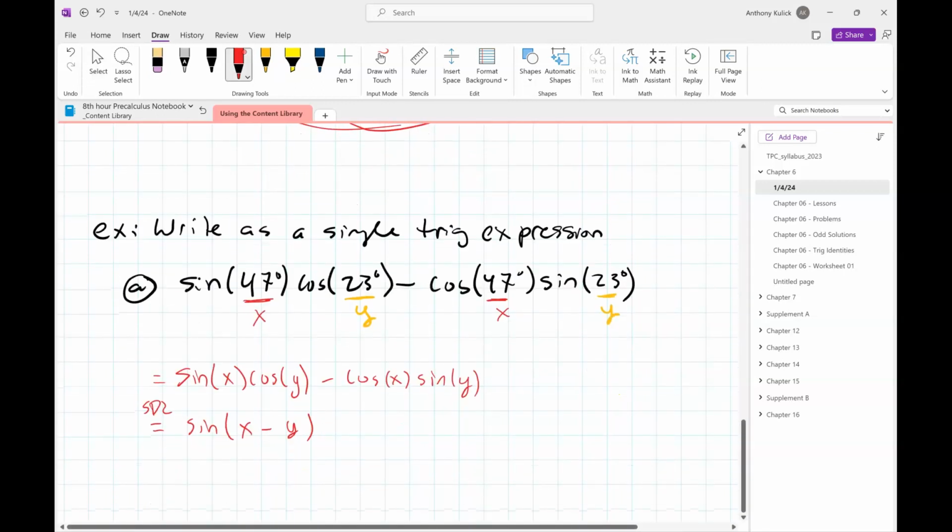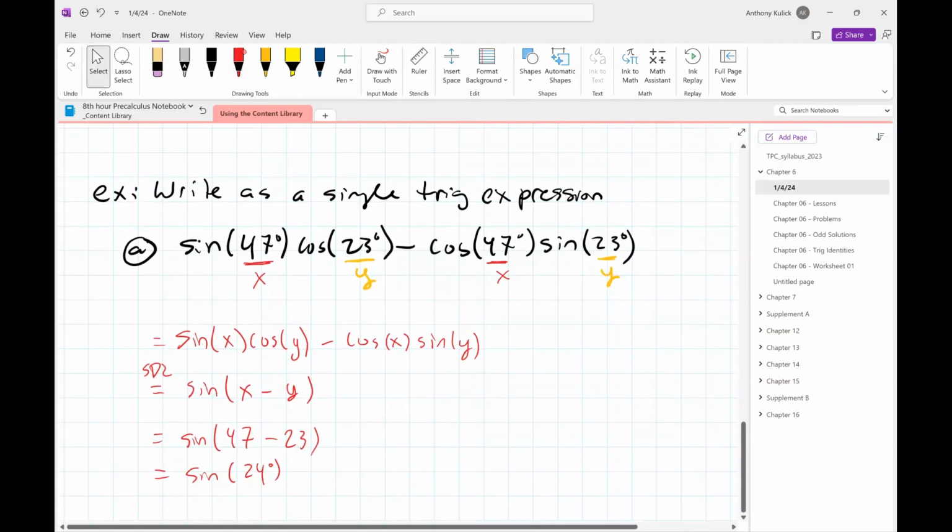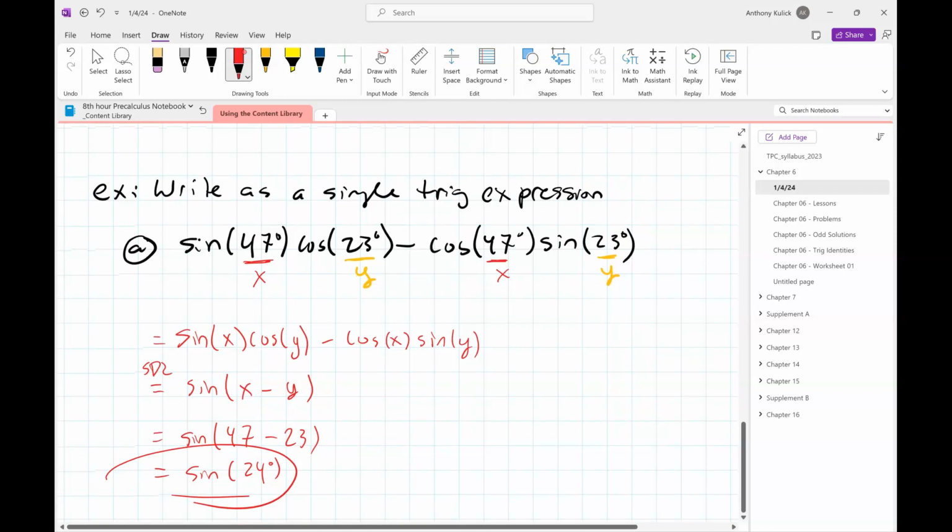And what is x again? 47. And what is y? 23. And 47 minus 23 is 24. Single trig expression. What do you guys think there? No big deal, right? Was it even really necessary for me to write this down?